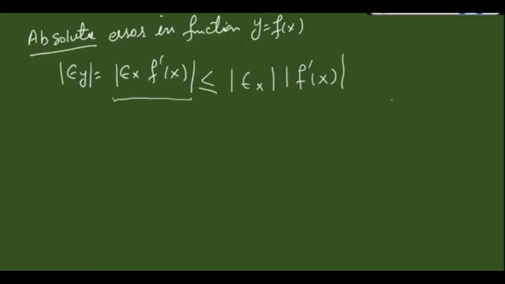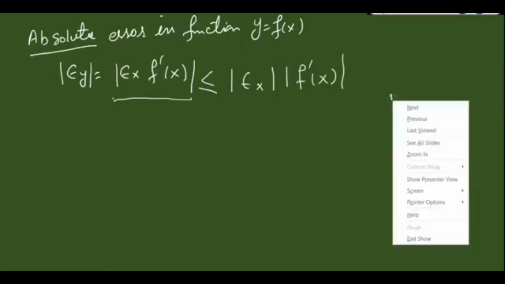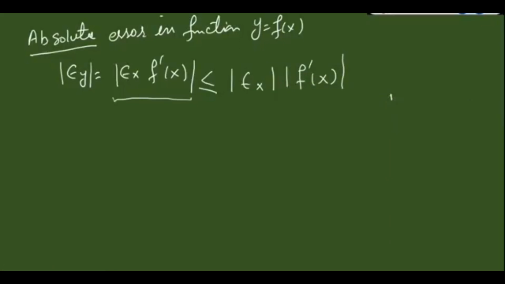For example, this is the rough work or extra part, let's say. I have a number 2 multiplied by 3. If I take the absolute value of this quantity, this could be written as 2 into 3.